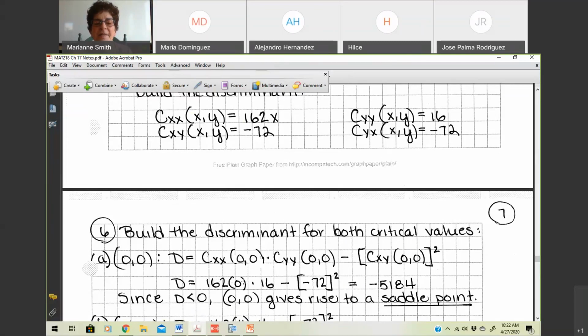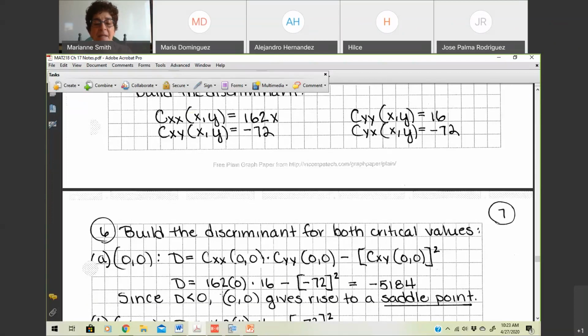So 162 times 0, C_yy is just 16, and the mixed partial is negative 72. So 0, 0, if you evaluate this, gives you a 0. 0 times 16 is 0. And this, whatever it is, is going to be a huge negative number. So this first term is a 0, because of this. So my discriminant for 0, 0 is a negative number.